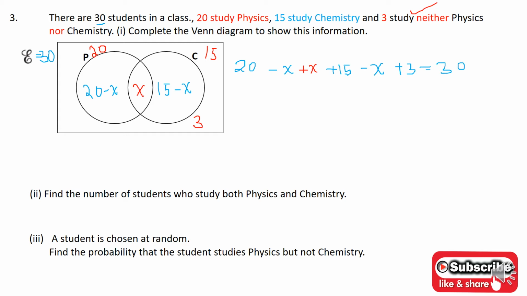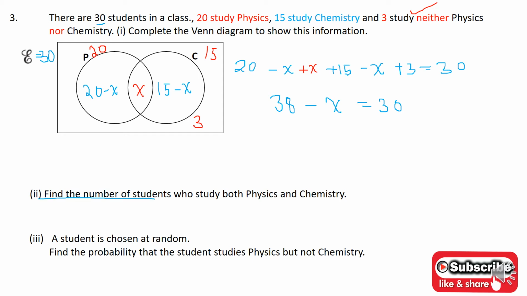In a nutshell, you should get something like 38 minus x is equal to 30. Then if I solve for x, I'm going to find the learners who are doing both chemistry and physics, which means I'm going to get the answer to this part of the question, Roman 2.